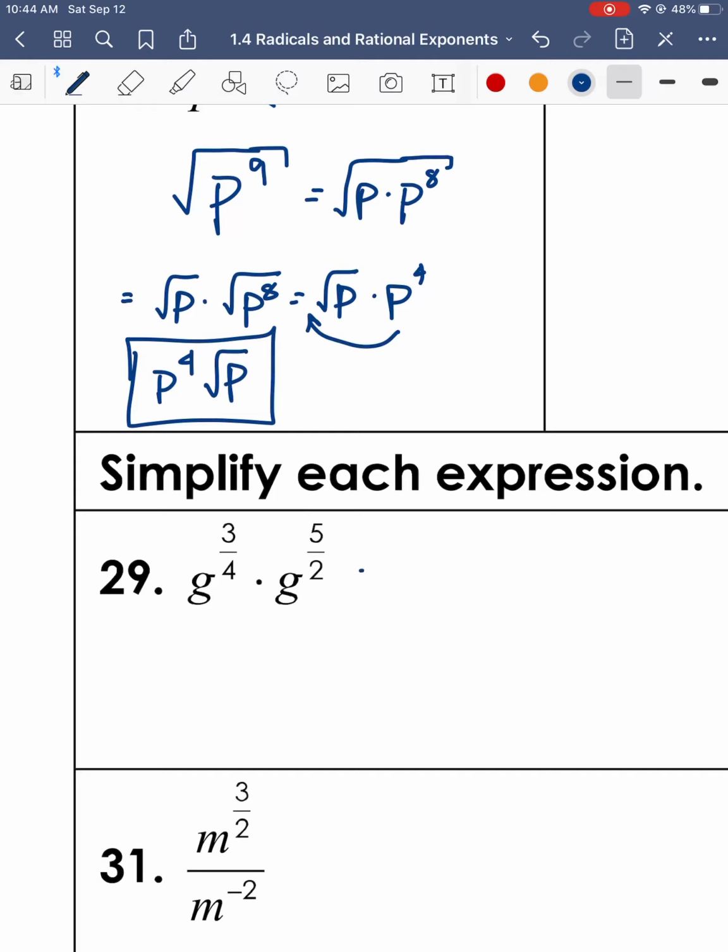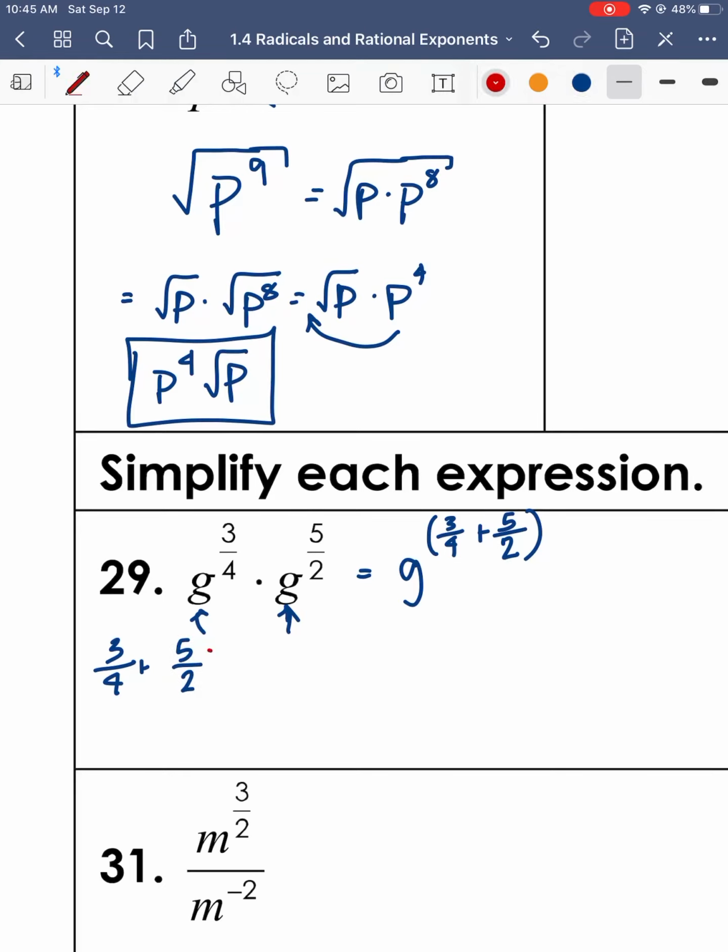Let's multiply these first. Okay, when you have the same base and you're multiplying these together, you're going to add the exponents. So we're going to have g, and the exponents we're going to have 3 over 4 plus 5 halves. Let's just quickly add these over here.